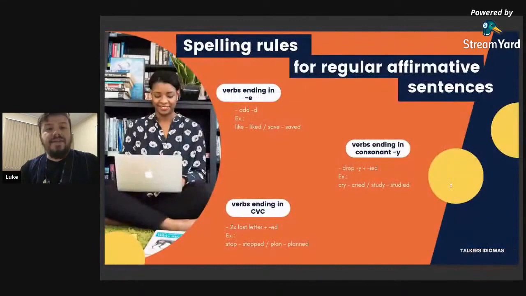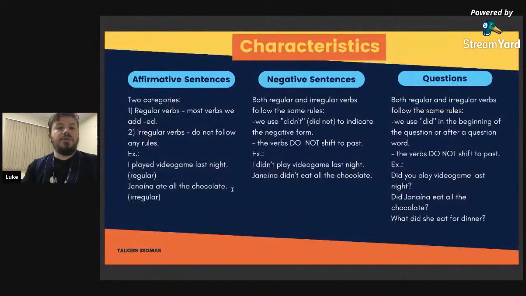Continuing. Now we have here spelling rules for regular affirmative sentences. As I said before, we have two categories, regular verbs and irregular verbs. The irregular verbs do not follow any rules, but the regular verbs, when we write them in the affirmative sentences, we have to follow certain rules.